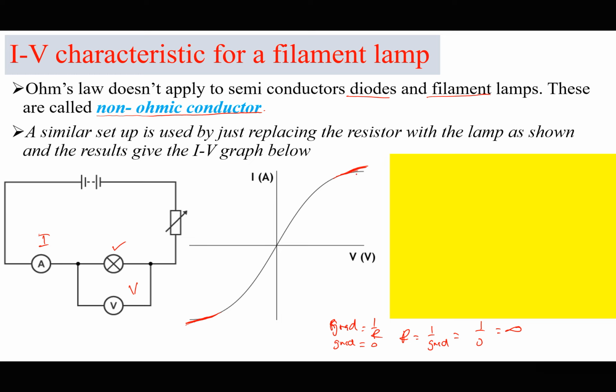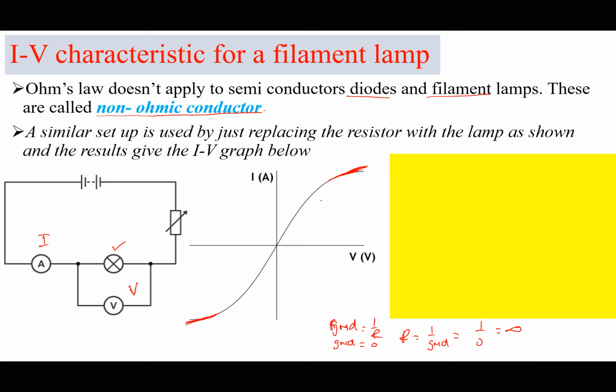Essentially it is not a straight line, but a curve of decreasing gradient. If you investigate this in the laboratory, obtain different values of PD across the lamp and different values of current, then plot a graph, the graph you obtain is going to be a curve of decreasing gradient.